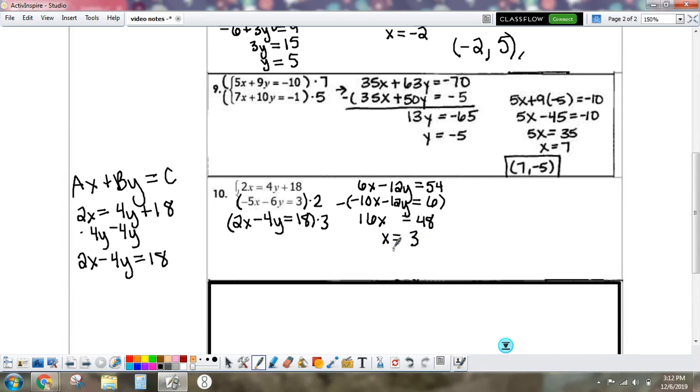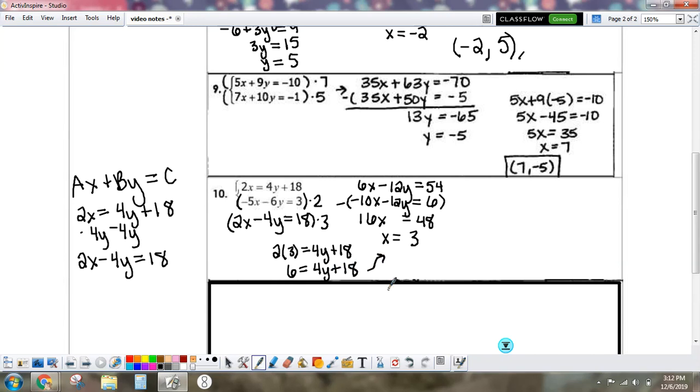And again, you want to plug this into one of the originals. So it doesn't matter which one. I'm going to use the top one. So I'm going to use 2 times 3 equals 4y plus 18. 2 times 3 is 6. 4y plus 18. Subtract 18 from both sides.